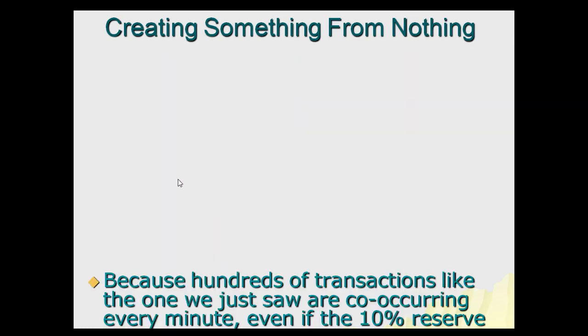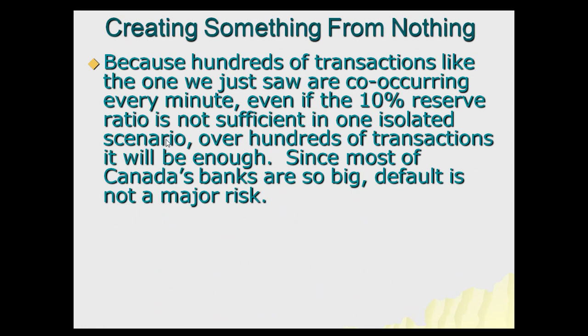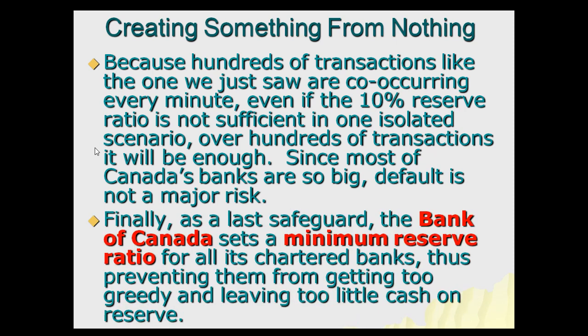Now, a final couple of points. Because there are hundreds of transactions like this one occurring and co-occurring every minute, even if the 10% reserve ratio is not sufficient in one isolated scenario, it will be, and I've mentioned this already, over hundreds of transactions enough. And since most of Canada's banks are very big, default is not a major risk.